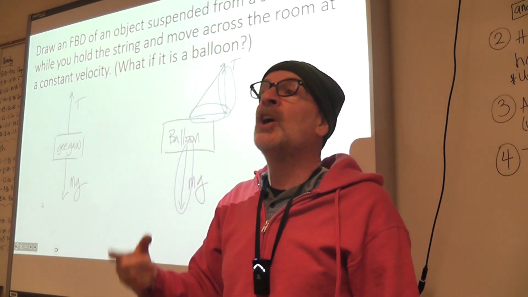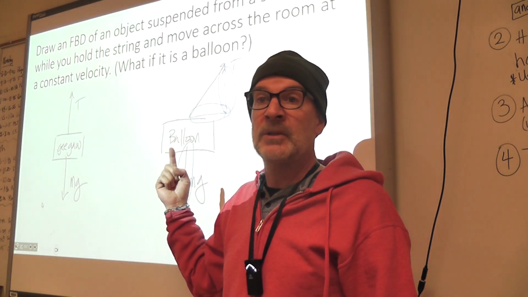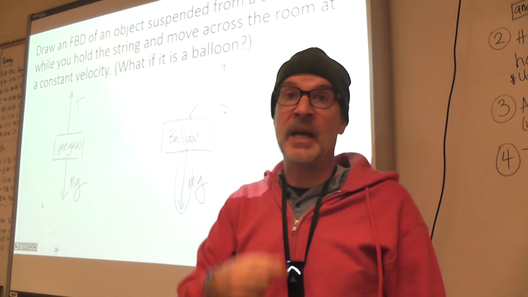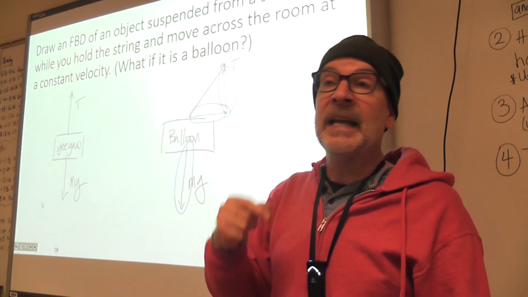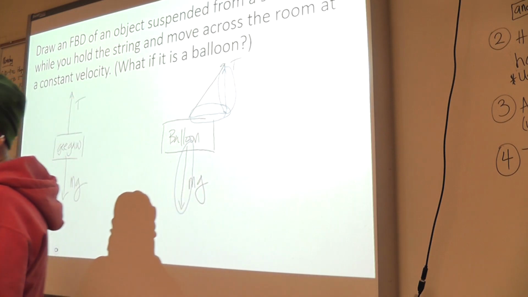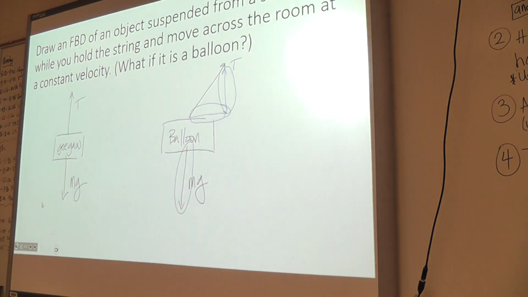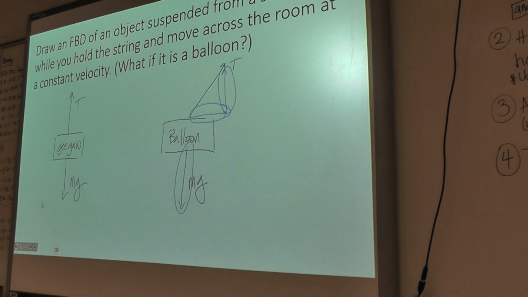The answer is, there's another force. There's gotta be. There's another force acting on the balloon, yeah. It's not friction per se, but I think you know what it is. You're thinking friction from the air, right? And we call friction from the air, and then the fact that the air has to get moved out of the way, we take that and we combine it into something called air resistance.